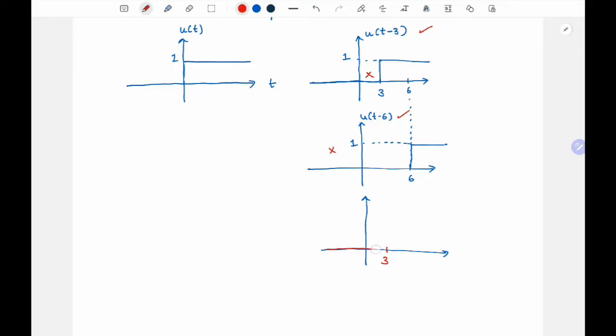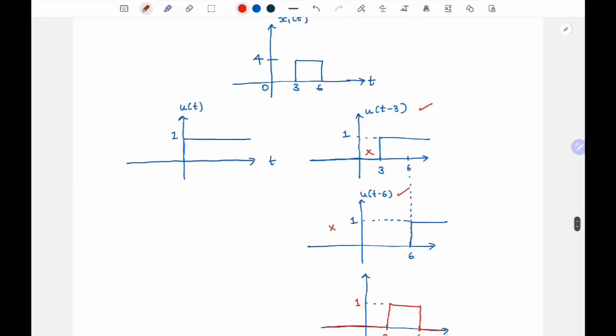Between 3 and 6, the first signal has amplitude 1 while the second signal is 0, so their difference will give me 1, from 3 to 6. And if you see t greater than 6, both the first and second signals have amplitude of 1, so their difference will give me 0.